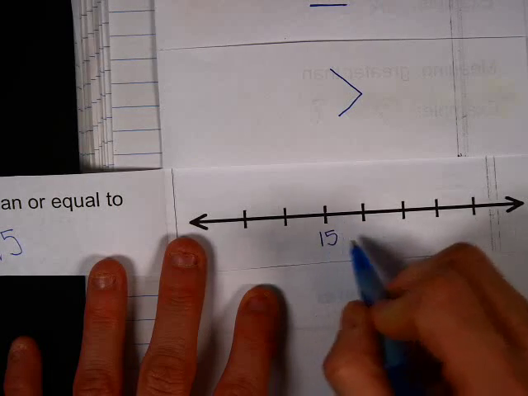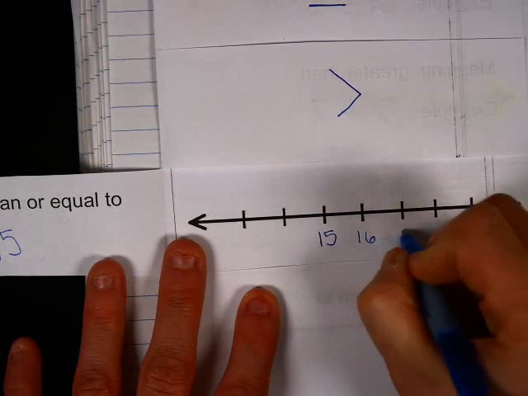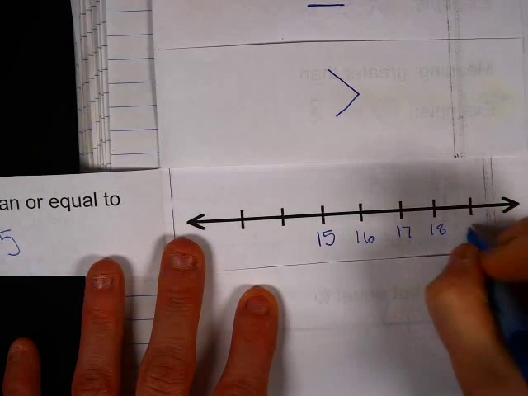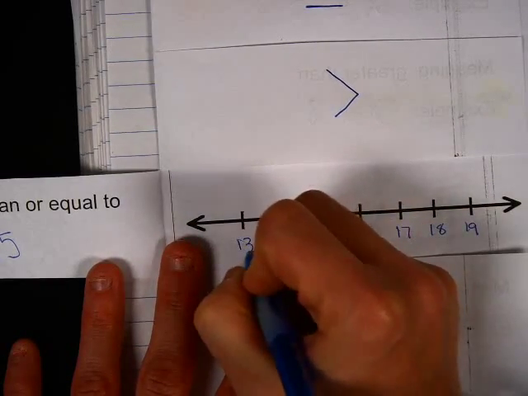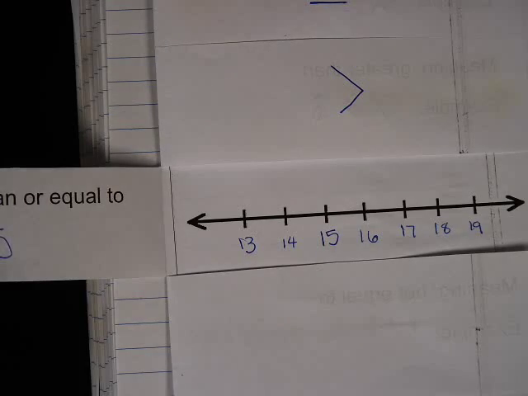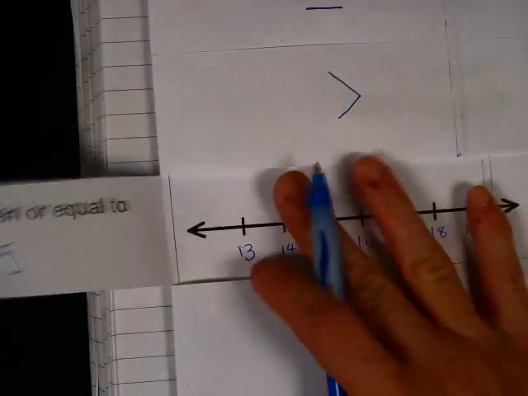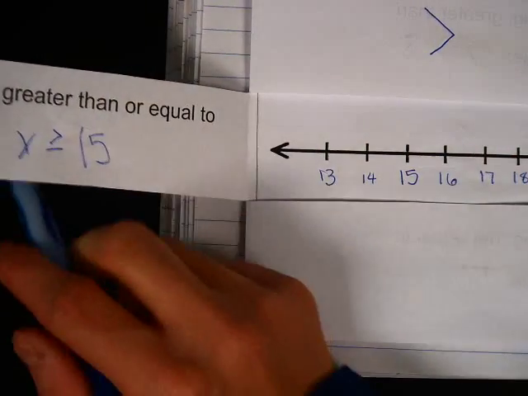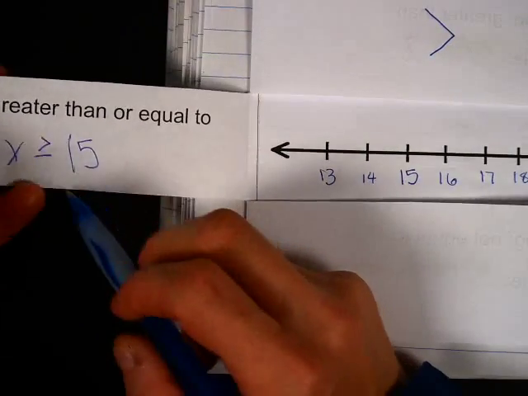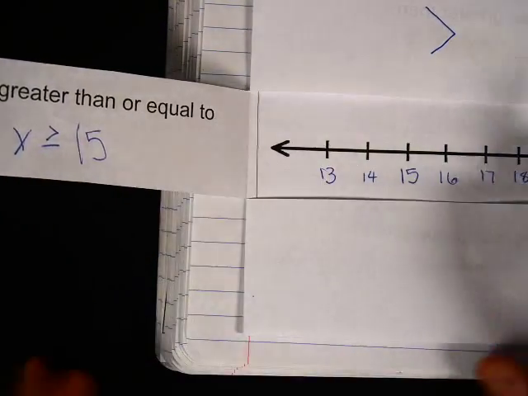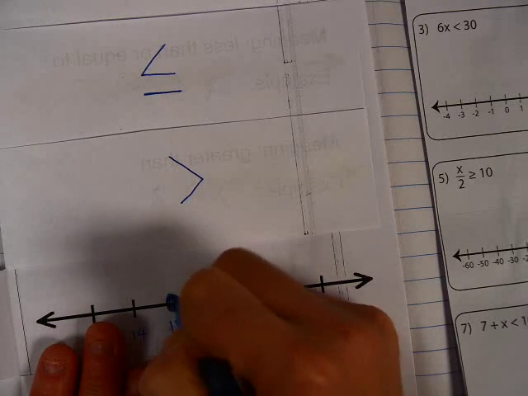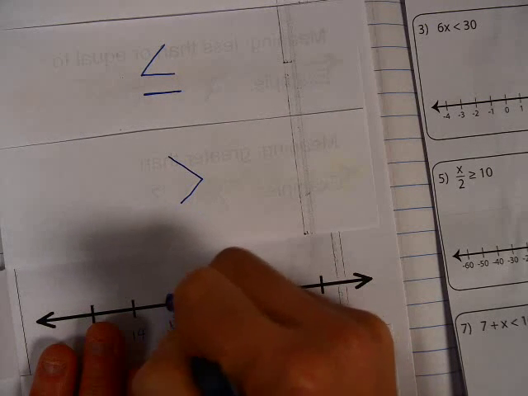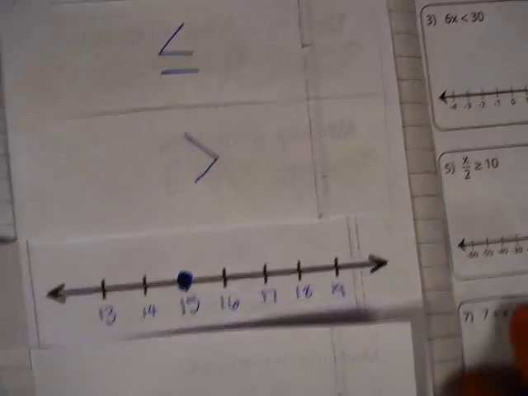So what is larger than 15? 16, 17, 18, 19. And then what's less? 14, 13. Okay? Now, if it has a line underneath it, it is a closed circle because it's talking about being equal. So it can include that number. So this is going to be a closed circle.